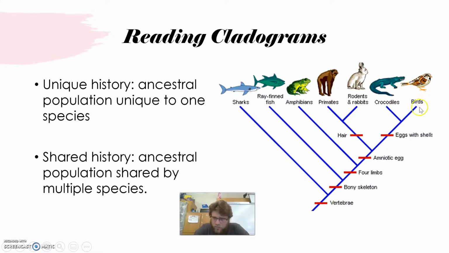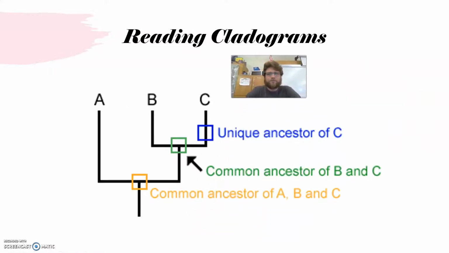And so for crocodiles and birds, this little part is a unique history for a crocodile. This is a unique history for birds. But this is a shared history with both crocodiles and birds. Okay. And likewise, any point along this line is a unique ancestor, but this point going down is a common ancestor of B and C.